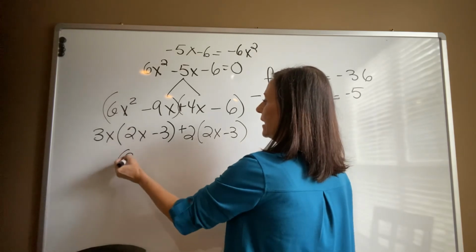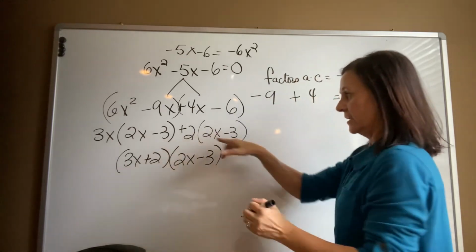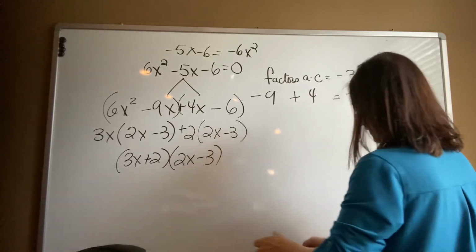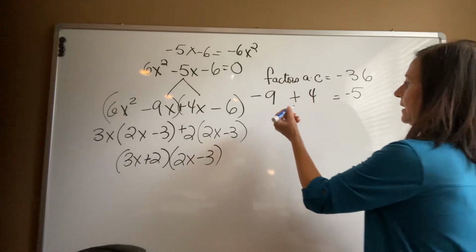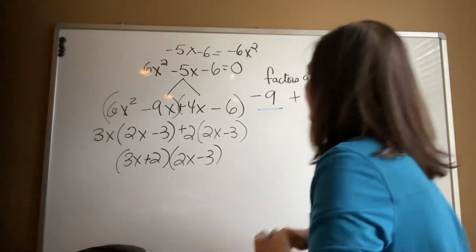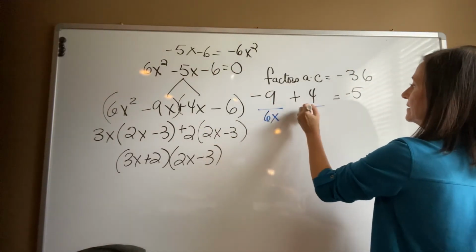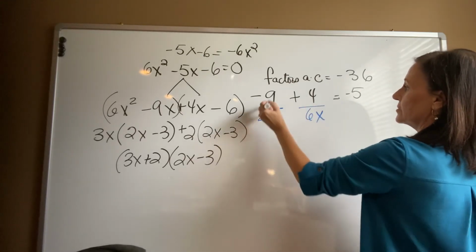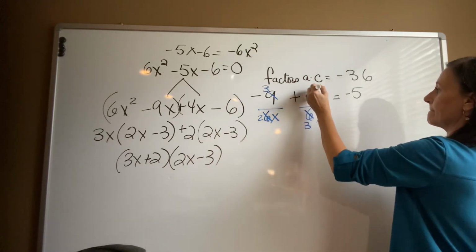So what's on the outside is one term, and my common term is what's left when I factored out. Again, I can do the same thing over here. I'll write the lead coefficient 6 with an x over both of them, and then I simplify. 3 goes into both of those, 2 and 3. 2 goes into both of these, 3 and 2.